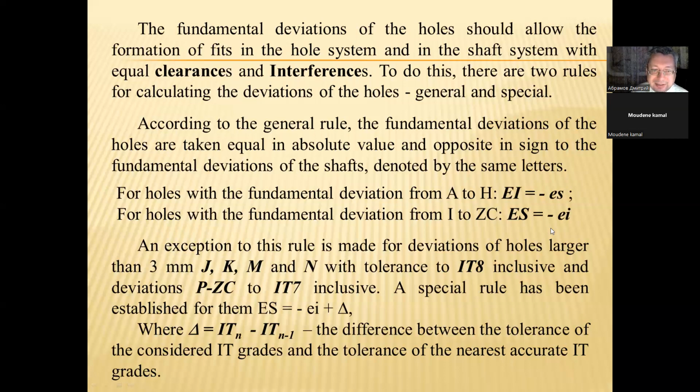An exception to this rule is made for deviations of holes larger than 3 millimeters, J, K, M and N, with tolerance to IT8 inclusive, and deviations from P to ZC to IT grade 7 inclusive.